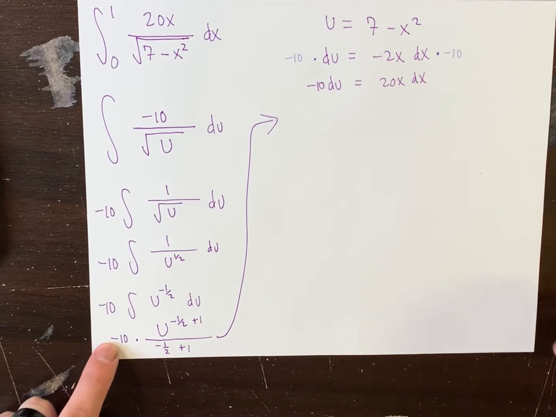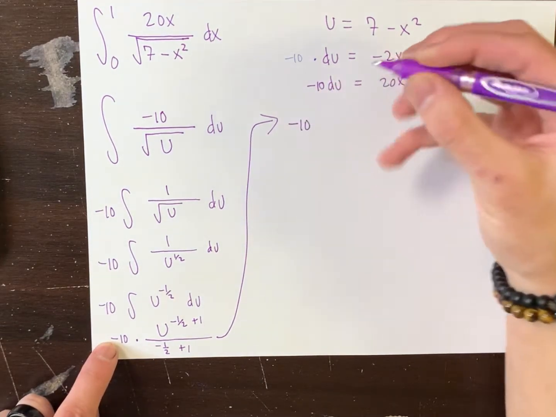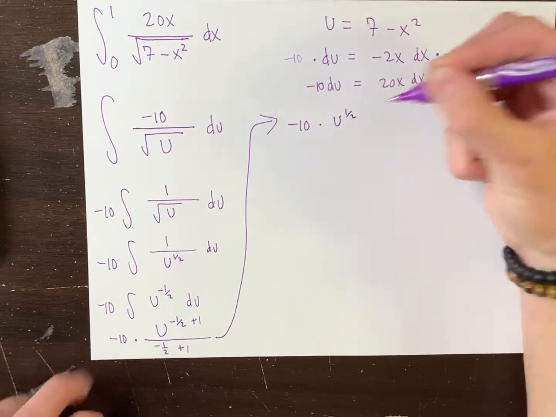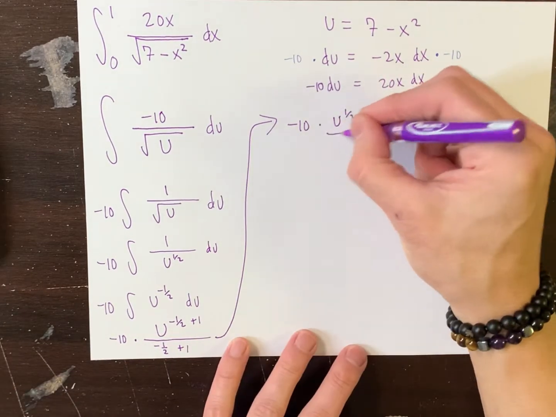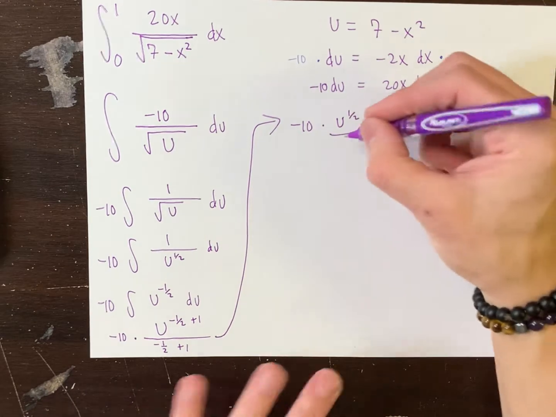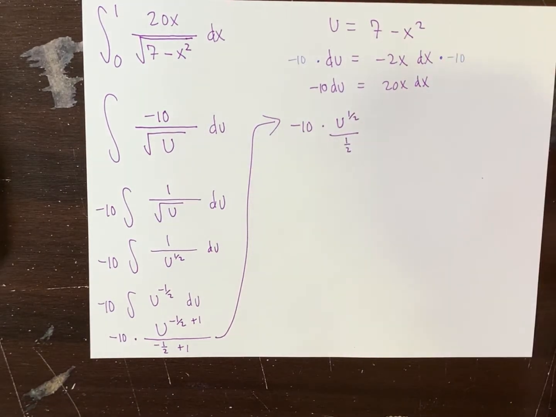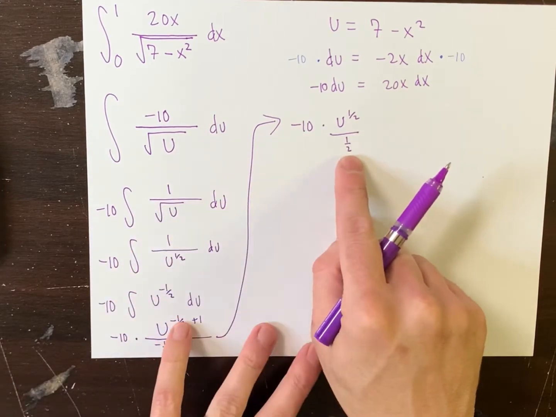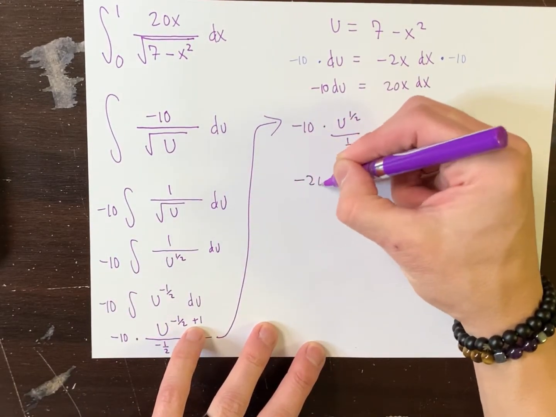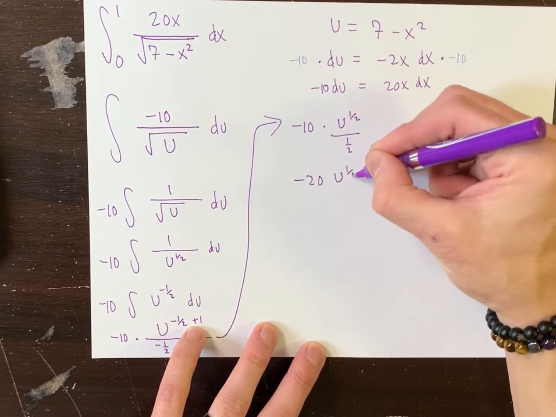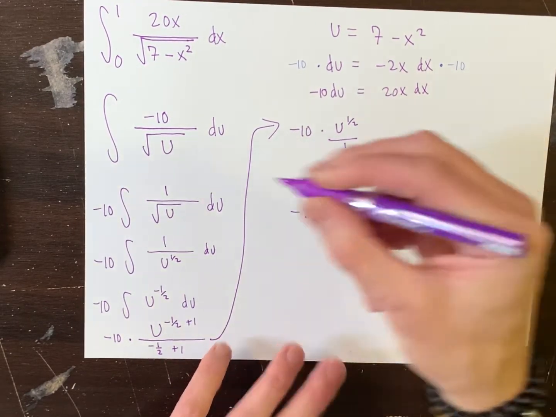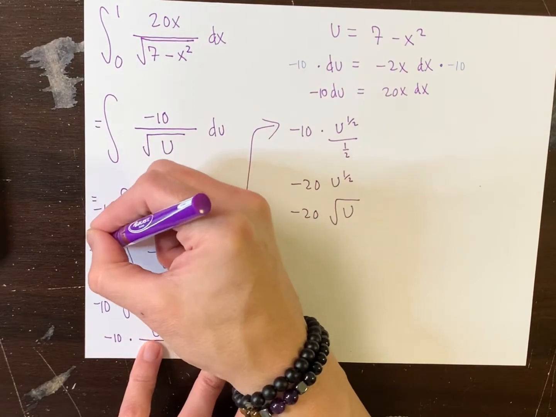So that's negative 10 times u to the 1/2, over 1/2. And if you type that into a calculator, negative 10 divided by that is going to be negative 20 u to the 1/2, which is negative 20 square root of u.